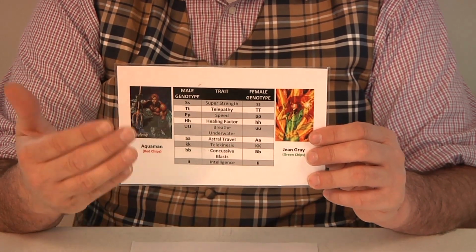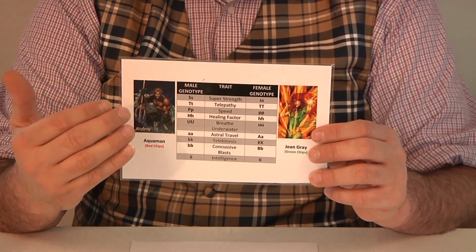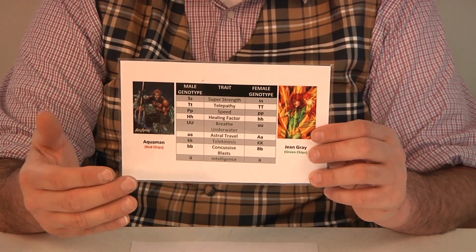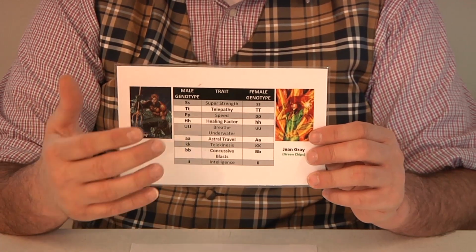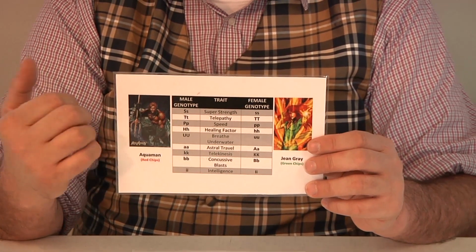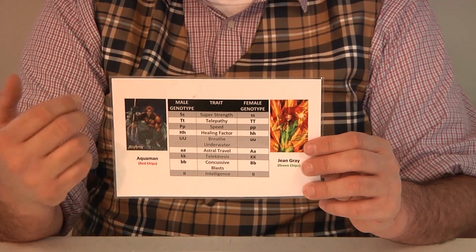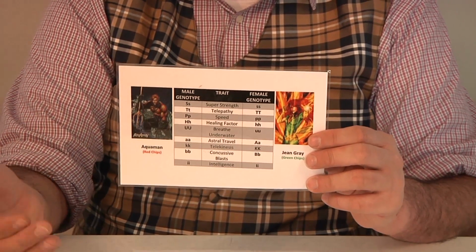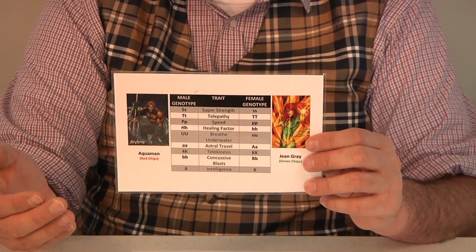They each have certain genotypes, or alleles that can become genotypes. The allele is the expression of a gene, in this sense either a large S for super strength, which would be dominant, or a small s for super strength, which would be recessive.